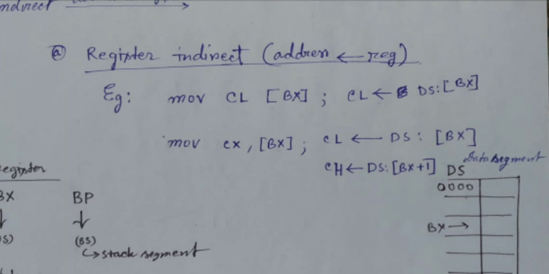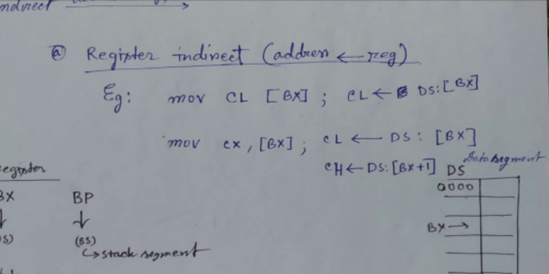Let's take the next example, that is MOV CX, [BX]. This is also the same: CX is a 16-bit register and CX is getting the data from the location of BX.